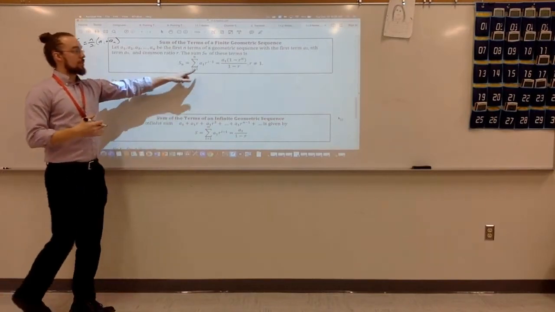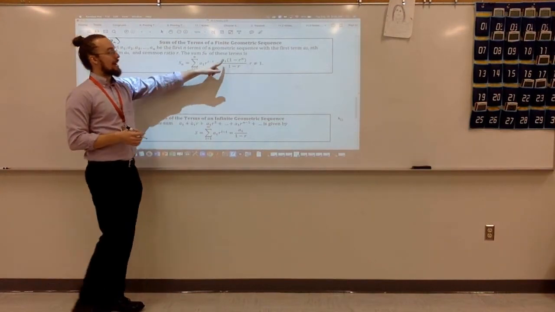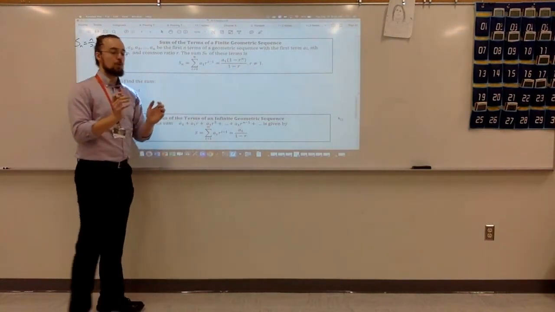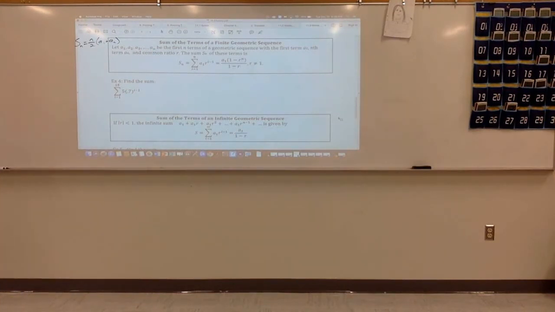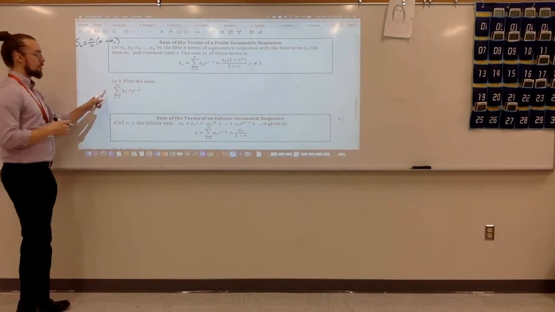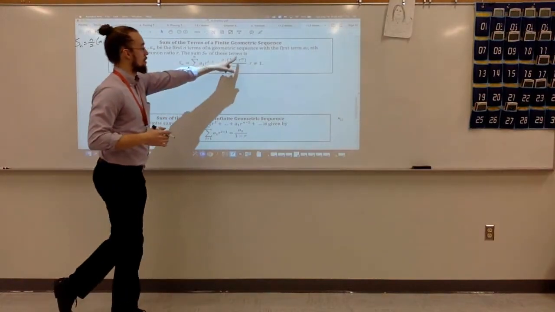Our geometric sum looks like this: a sub 1 times the quantity 1 minus r to the n over 1 minus r. So if we have something in this form, we can pick out all of those pieces.